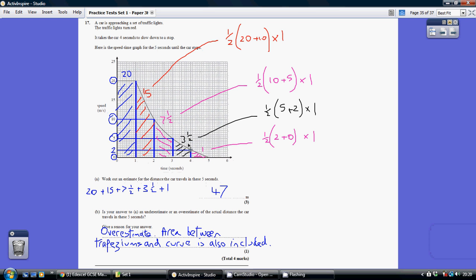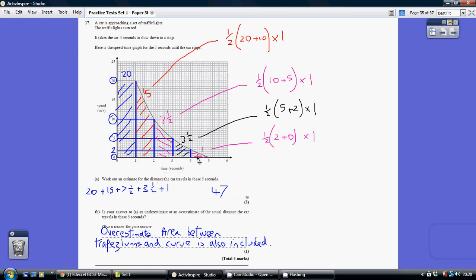And similarly down here, we can replace the area under this part of the graph with another trapezium, and then on the end we just have a triangle, which is effectively a trapezium, but it's a triangle.